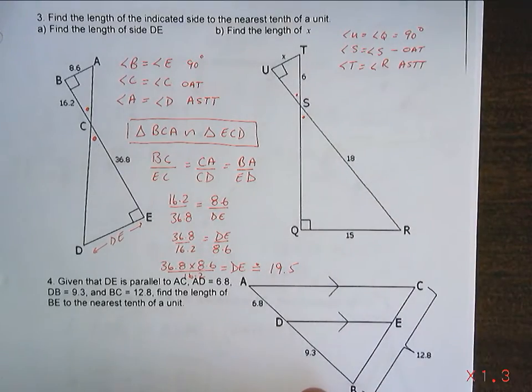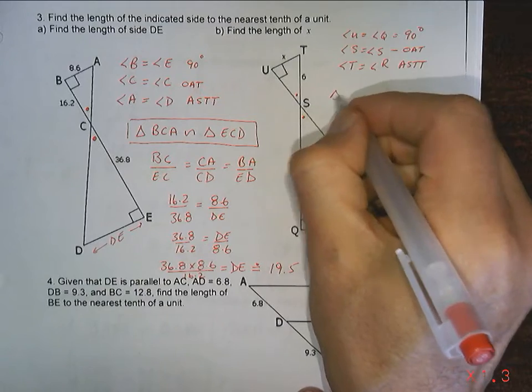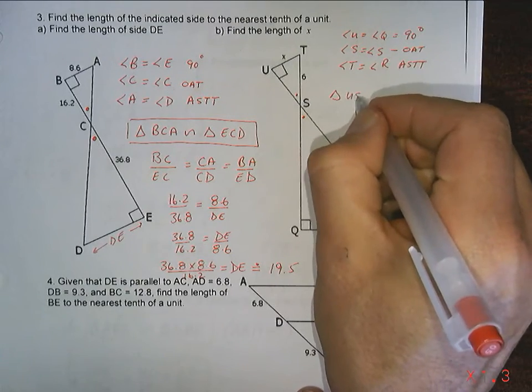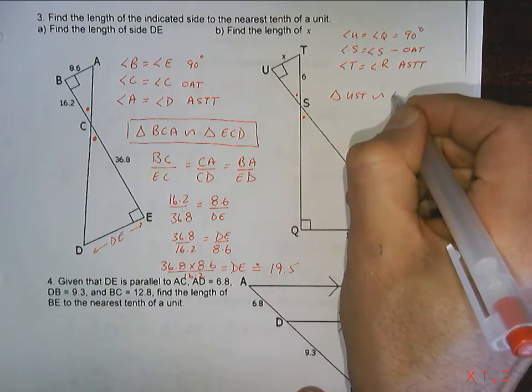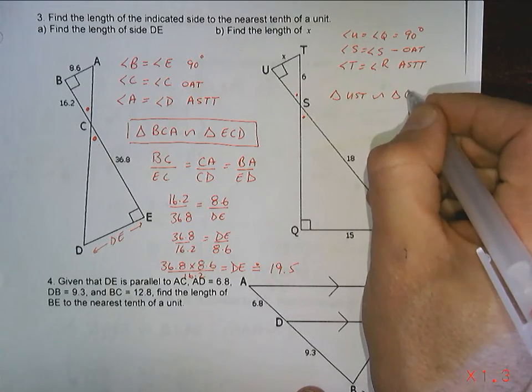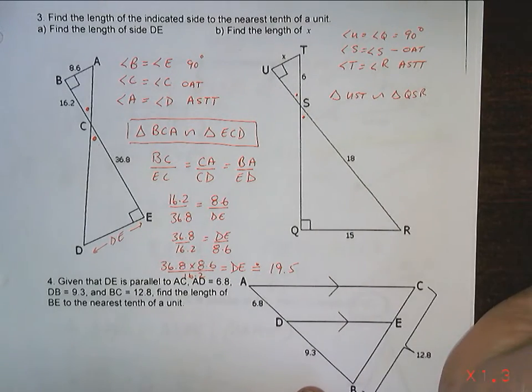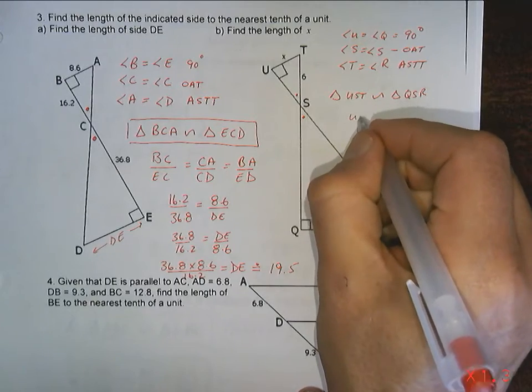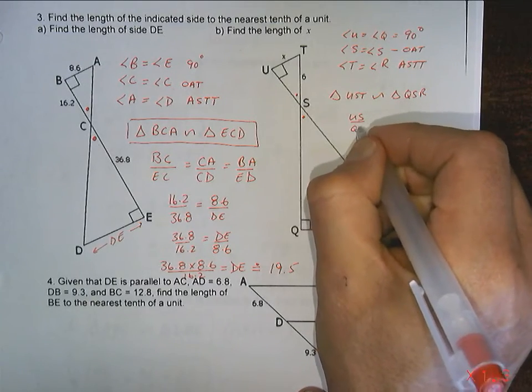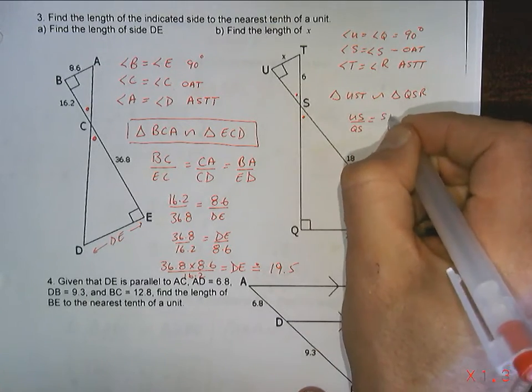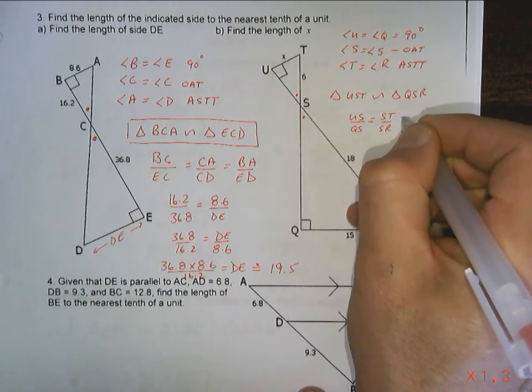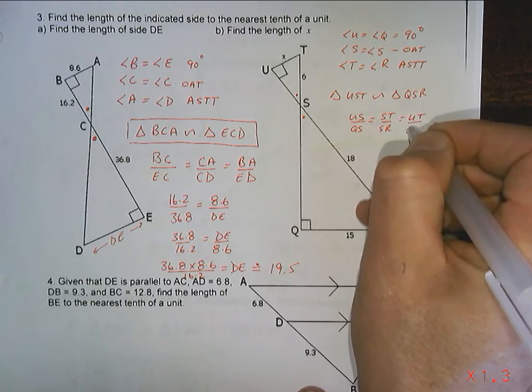What that means is that triangle UST must be similar to triangle QSR. So the side US over QS must equal ST over SR must equal UT over QR.